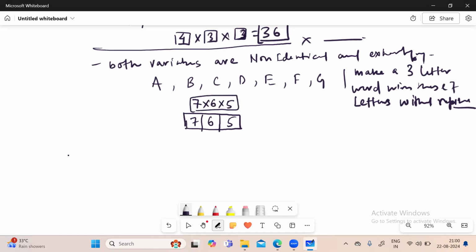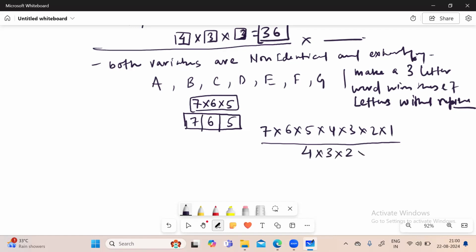This we have studied. Now, what mathematicians did, they completed the series 7 into 6 into 5 into 4 into 3 into 2 into 1, and then divided it by the extra multiplication that we have used in numerator.